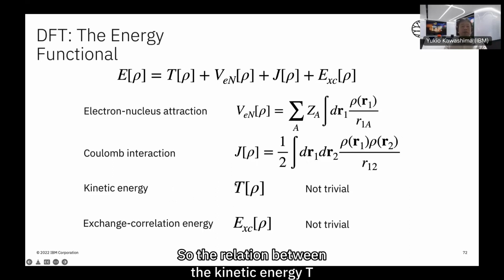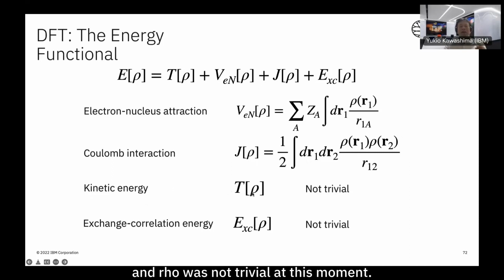The relation between the kinetic energy T and rho was not trivial at this moment. And also the exchange-correlation potential. In DFT, we have the exchange part and the correlation part as a functional, and this part was also not trivial.